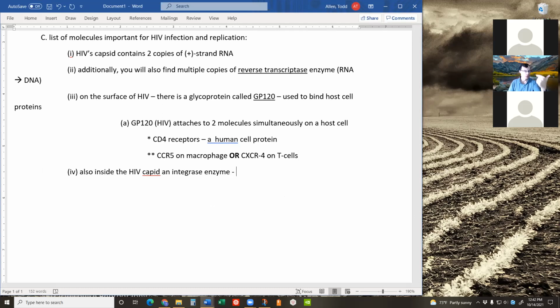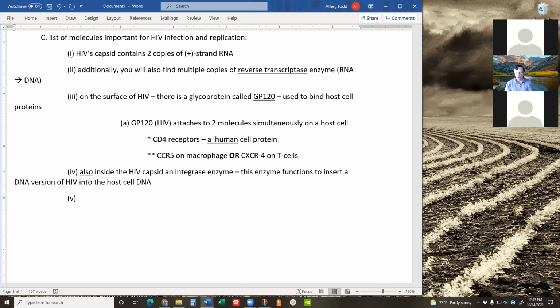That's a really, really bad outcome. We don't want that to happen. But the enzyme that allows HIV to do that is called integrase. This enzyme functions to insert a DNA version of HIV into the host cell DNA.